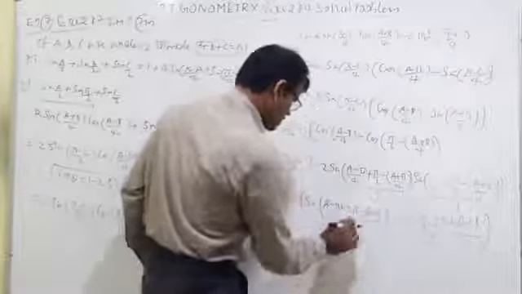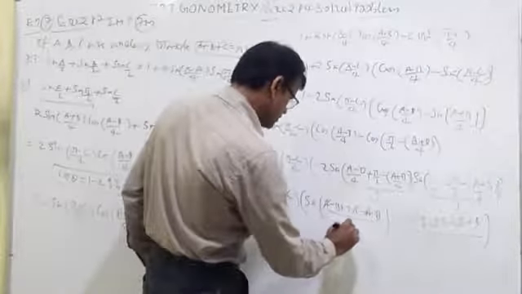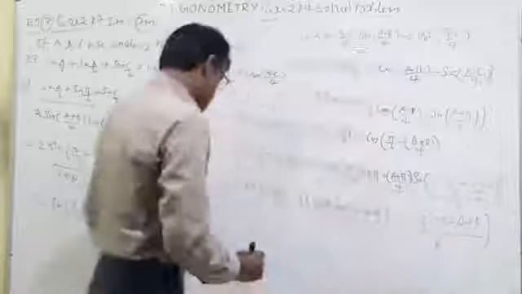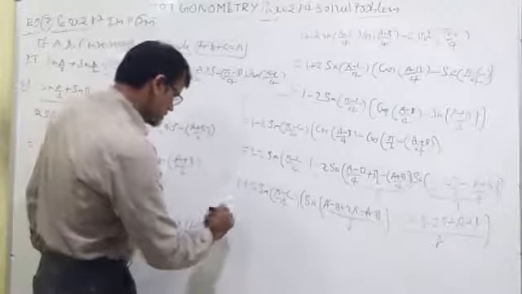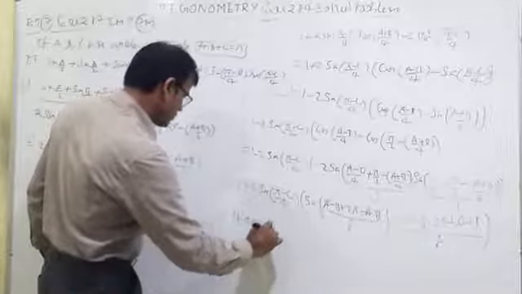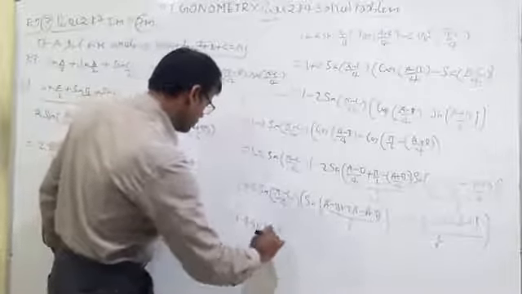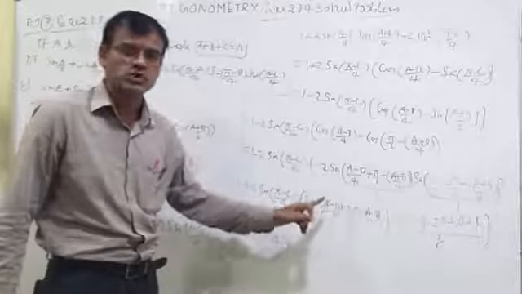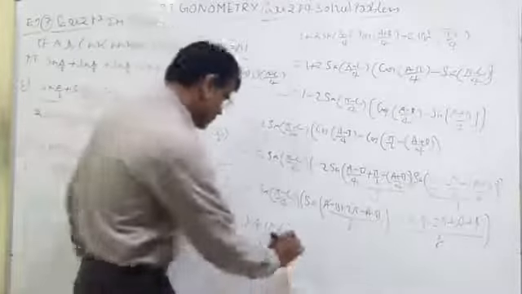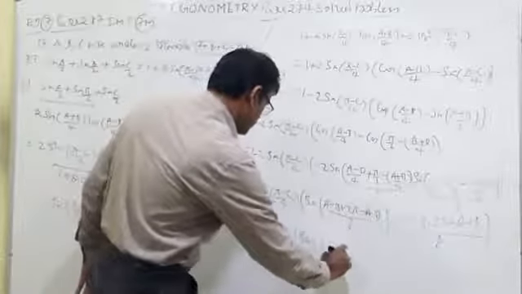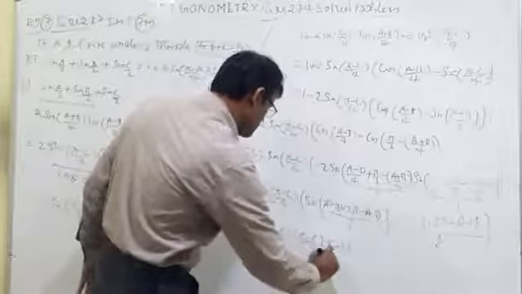So you can write here whole by 8. Here also whole by 8. Now what is happening? That is equal to 1 plus 4 sine of pi minus c by 4 into sine. You can understand, students, 2 pi minus 2b whole by 4. Okay, I am writing this step. Sine of 2 pi minus 2b by 8, not 4.